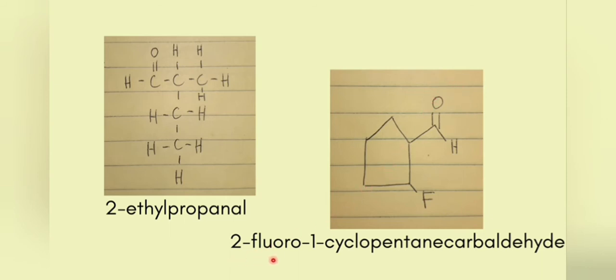And 2-fluoro because we start the counting from this carbon right here, and 1 was said because the aldehyde group was attached to the first carbon, and for the second carbon it is 2-fluoro because the fluorine is located on the second carbon.